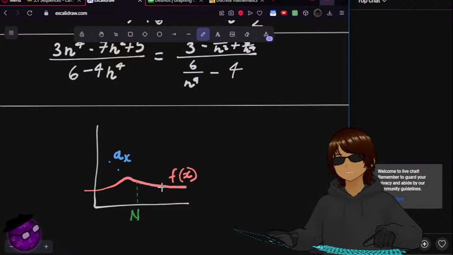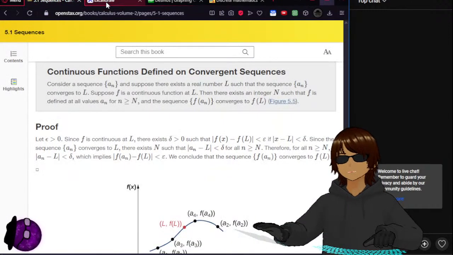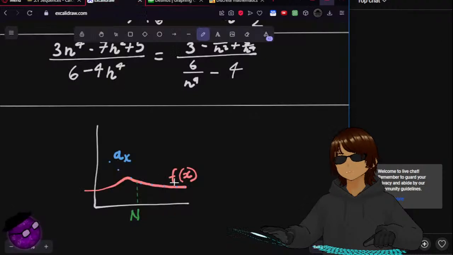And then it basically says, hold on, no. Defined at all values. No, they're not equal.